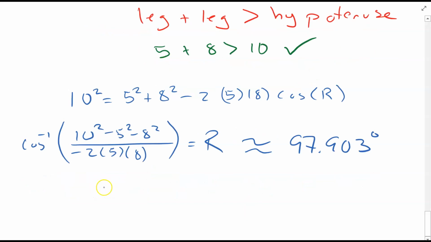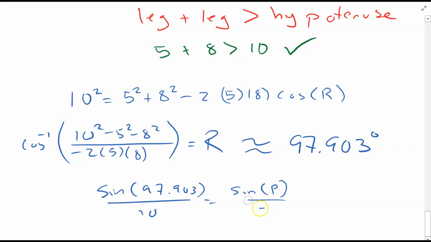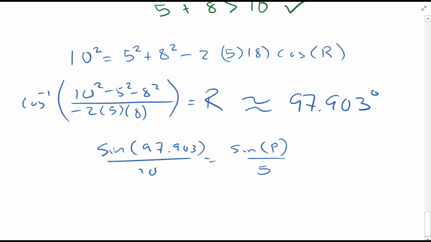So let's see. We have sine R over r is equal to sine of, let's do p over p. So if I cross multiply, divide, and take the sine inverse, all in one step, everybody's okay with me doing that?